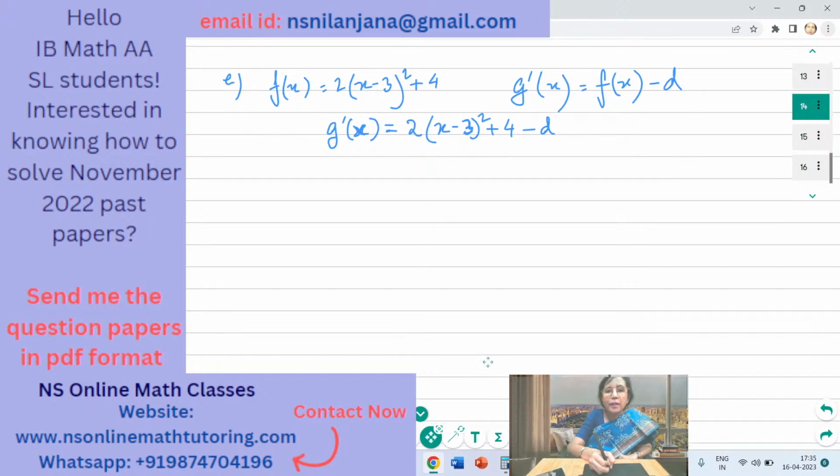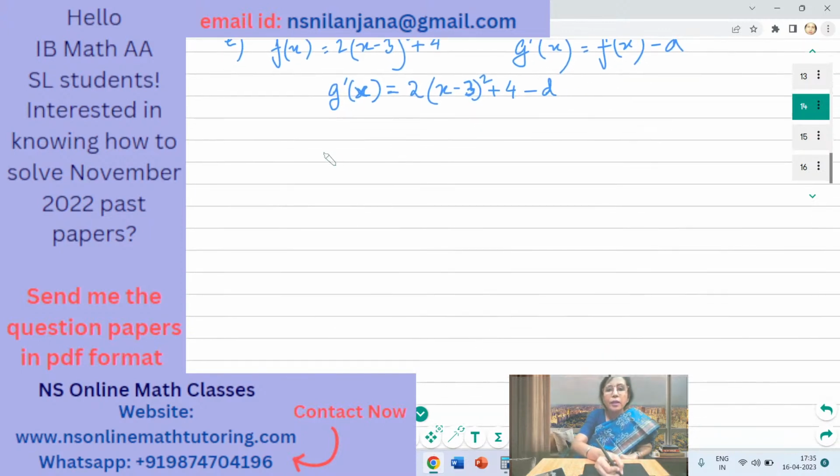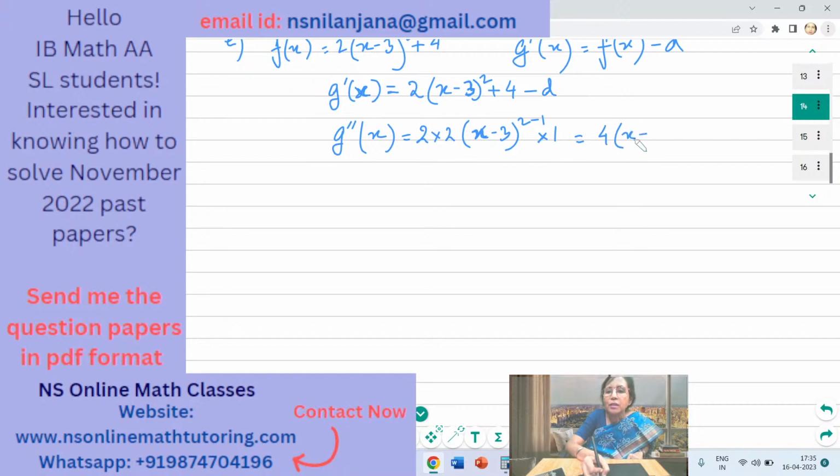And now we have to get the second derivative. We have to get g double dash x. 4 minus D is a constant, so when differentiated, that part will be 0. We will be getting 2 times 2 times x minus 3 to the power of 2 minus 1, which is 1, and the derivative of x minus 3 is equal to 1. Okay, let me write that part as well explicitly. It is simply equal to 1. So this is 4 times x minus 3.